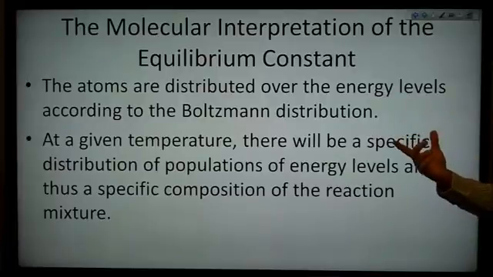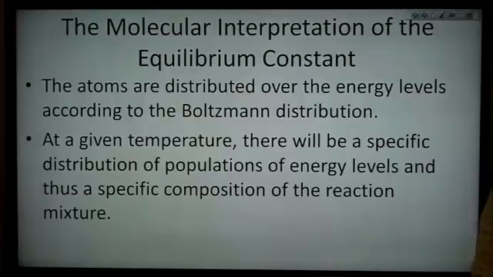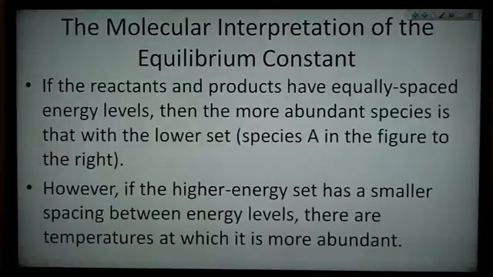And so our atoms are distributed over the energy levels according to our Boltzmann distribution. So at some given temperature, there will be a specific distribution of populations of energy levels, and thus some specific composition to our reaction mixture.